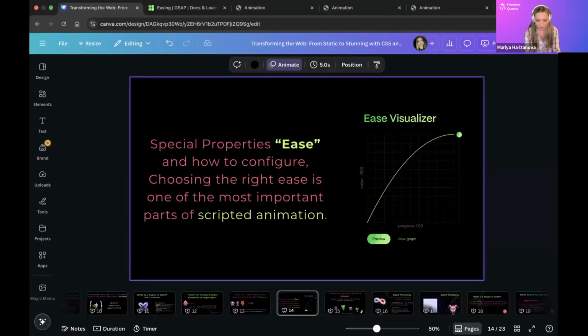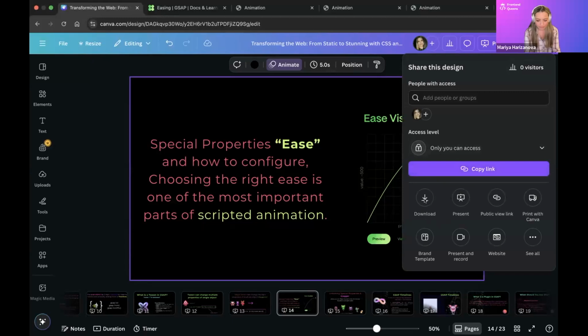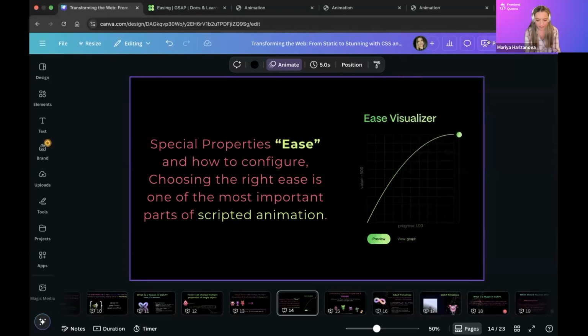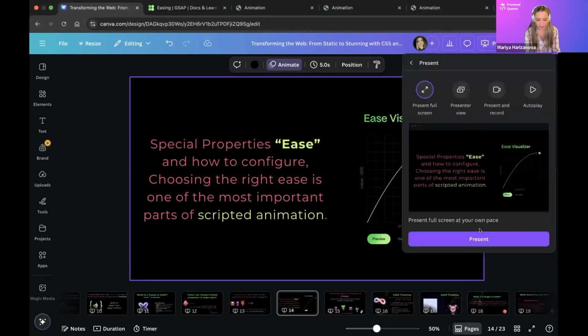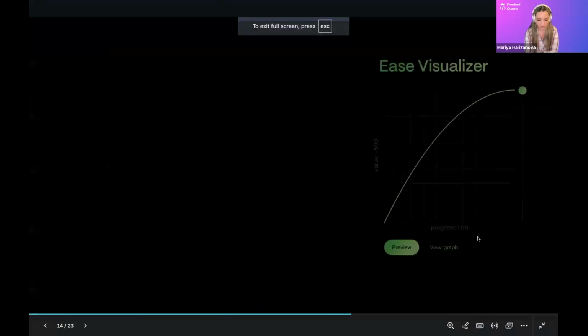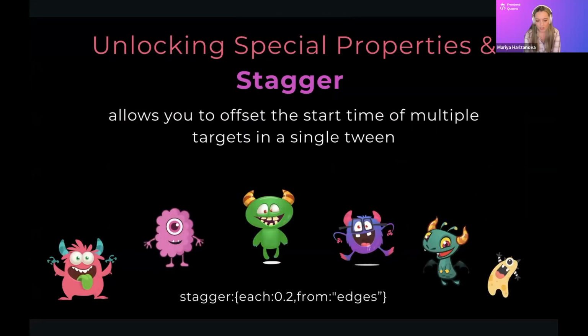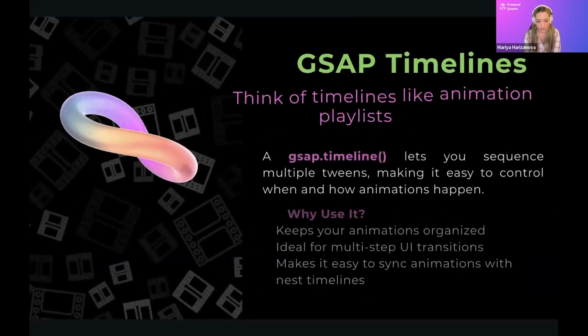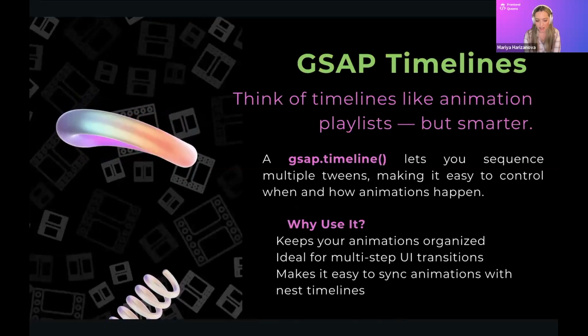Now we're going to move to our next topic, which is another special property like the stagger we talked about. We're going to talk about the GSAP timeline.